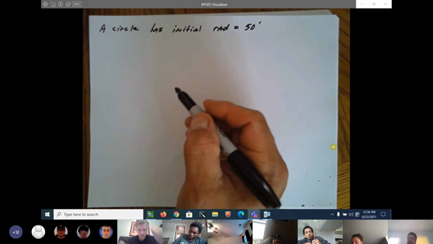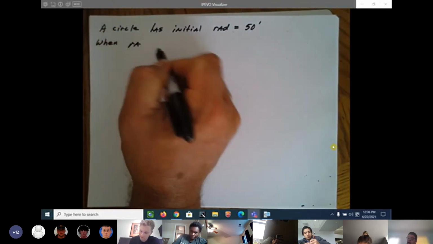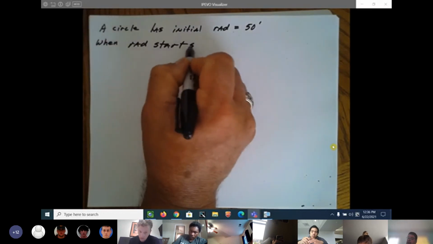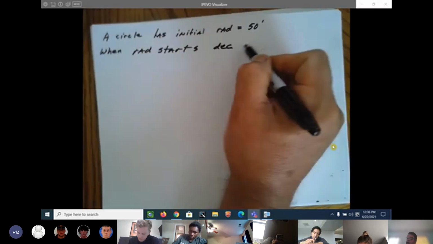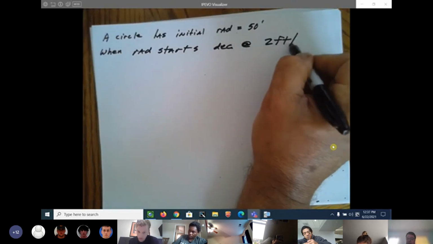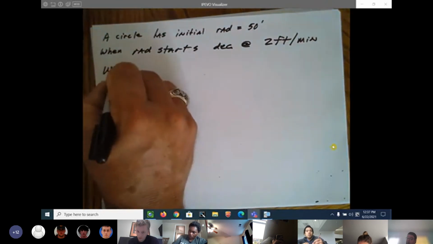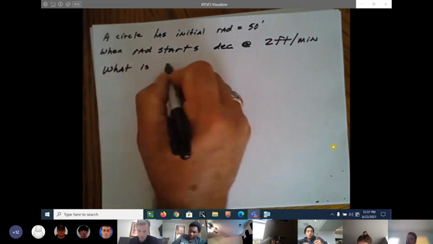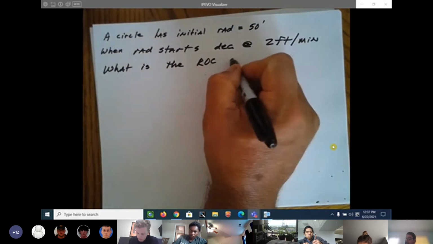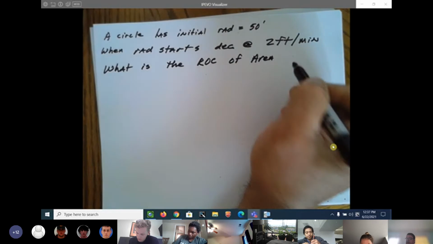When the radius starts decreasing at 2 feet per minute, what is the rate of change of area? Somebody tell me what the rate of change of area is.